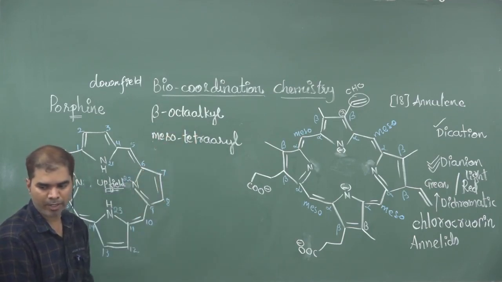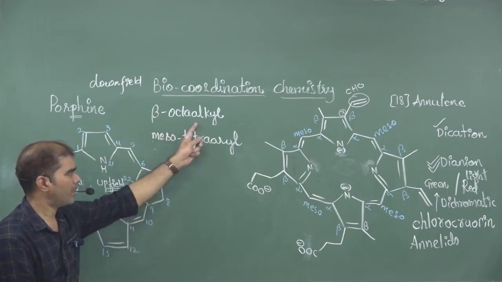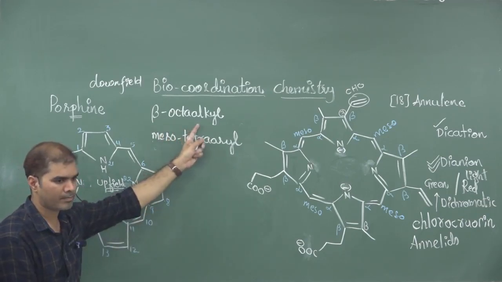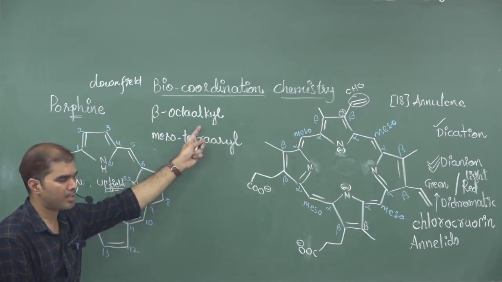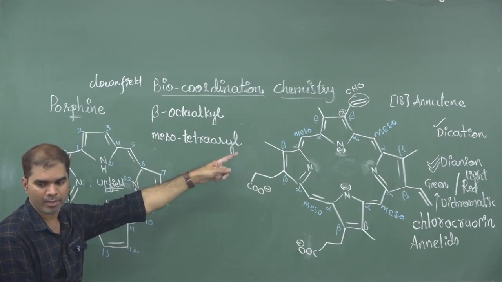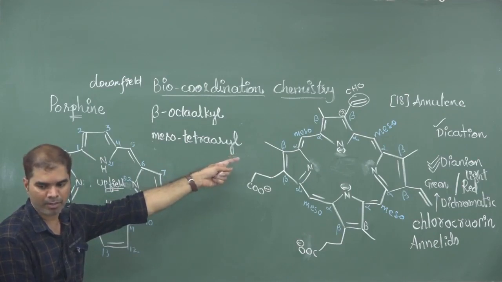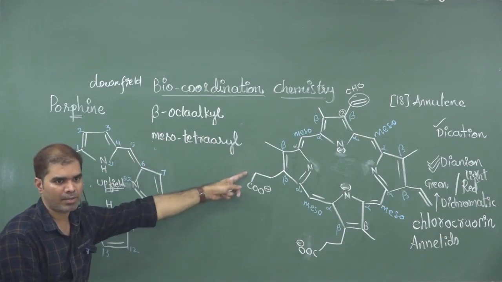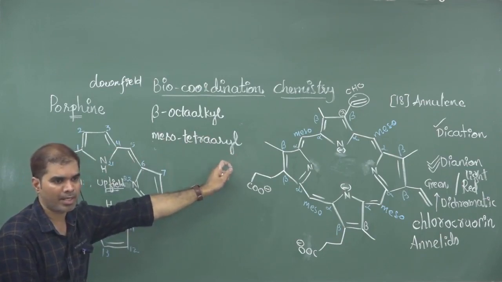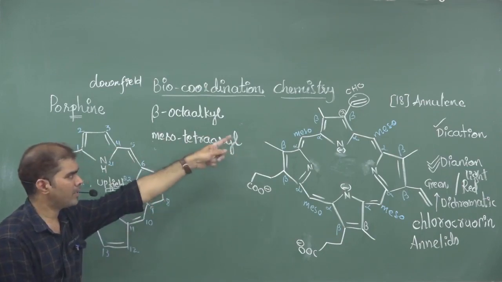Example, etioporphyrin. Etioporphyrin is a porphyrin with 8 alkyl substitutions. Octa is 8 alkyl substitutions. You can see the positions also.